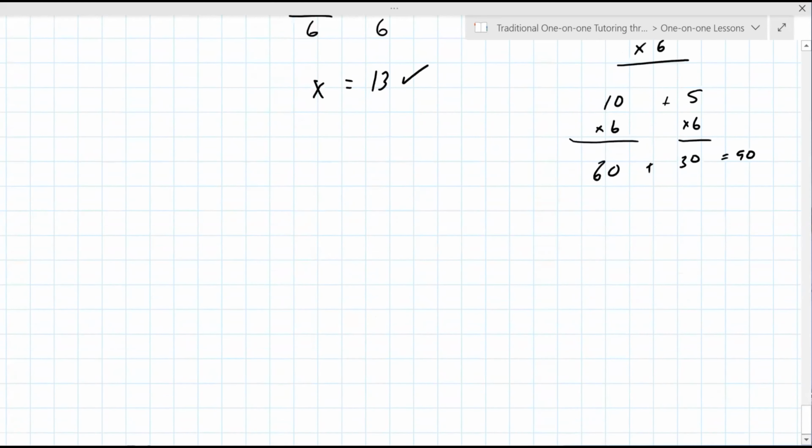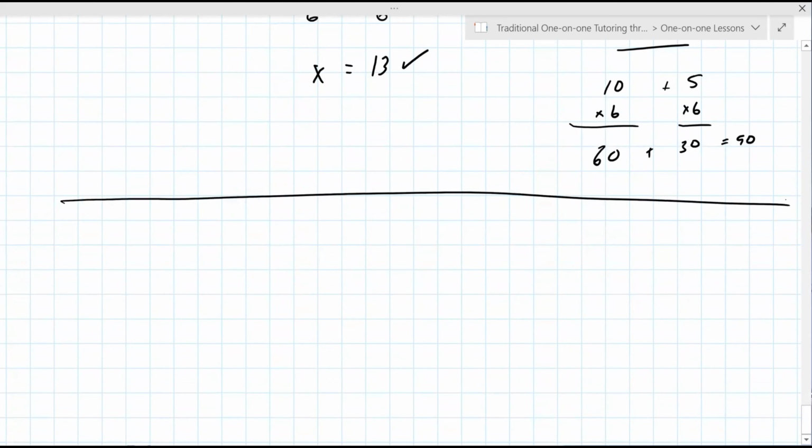Okay, let's try one more. Then we'll get back to some geometry. Let's go 7x plus 26 equals 180.